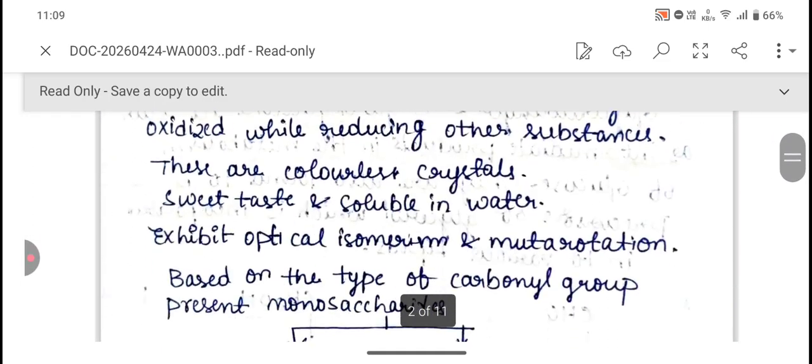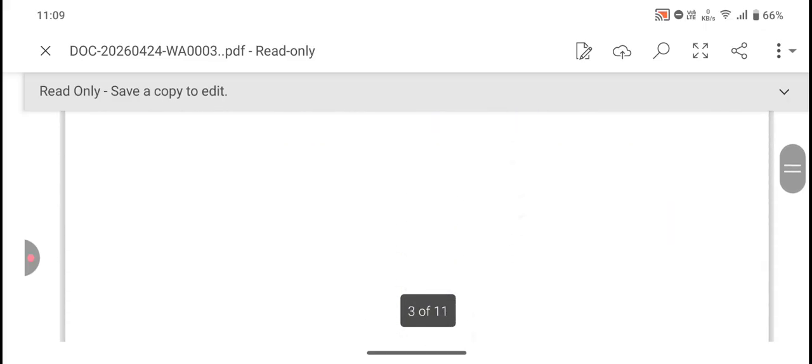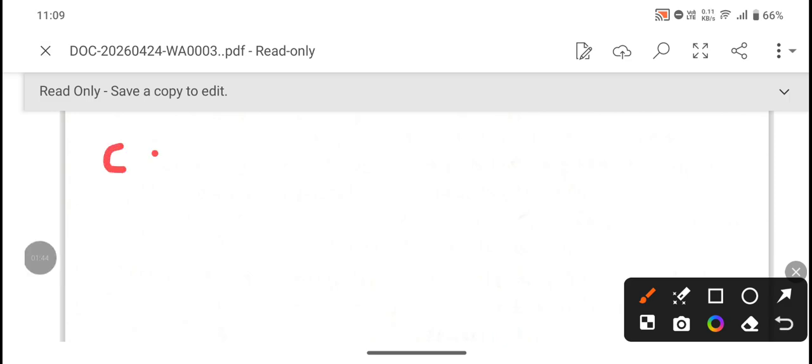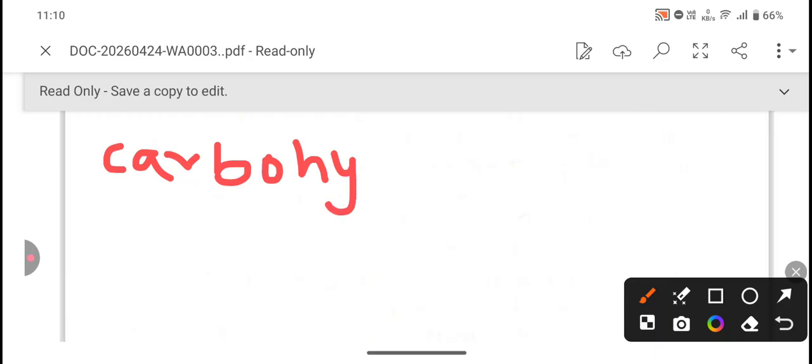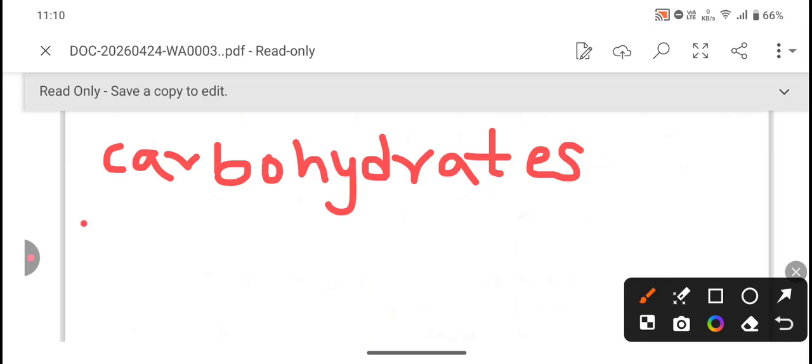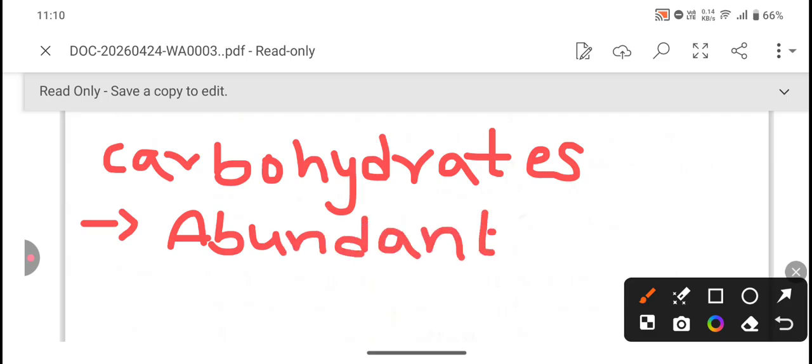Before knowing what monosaccharides are, first of all we need to discuss what carbohydrates are. Carbohydrates are the most abundant biomolecules on the earth. These carbohydrates are used as storage molecules.